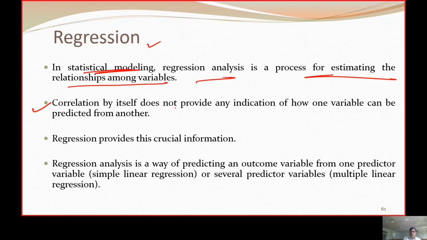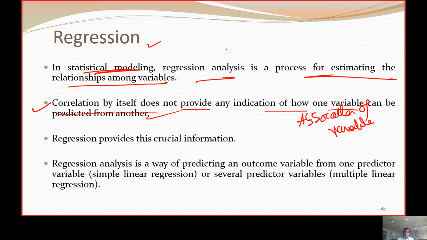The difference is taken up here. Whenever it is a correlation, it is not going to provide an indication of how one variable can be predicted from another variable. When it is a correlation aspect, we need to see only association. It is going to check only the association of variables.